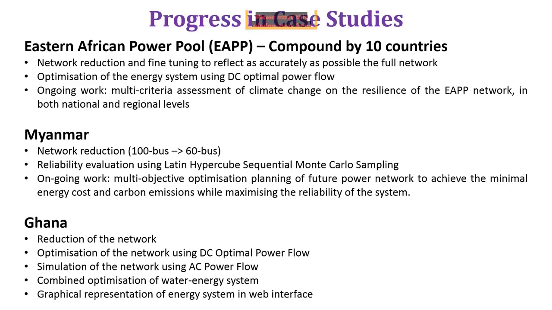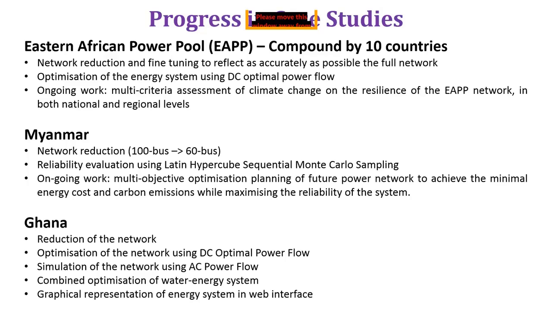Now for Ghana, that is our most advanced case study, we have used reduction techniques. We have optimized the system using the DC optimal power flow. We have simulated the network using the alternating current power flow. We have made a combined simulation and optimization using the water and energy systems.